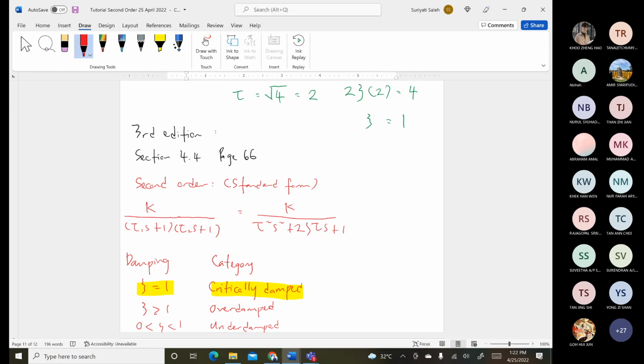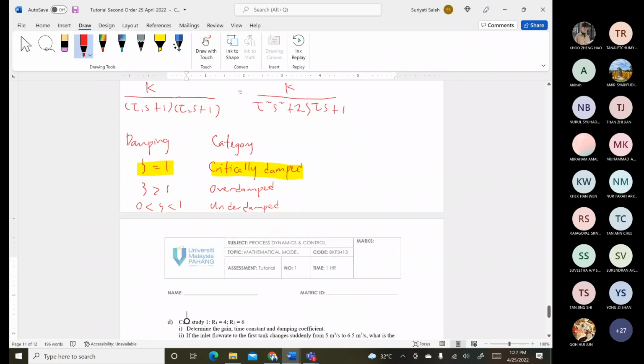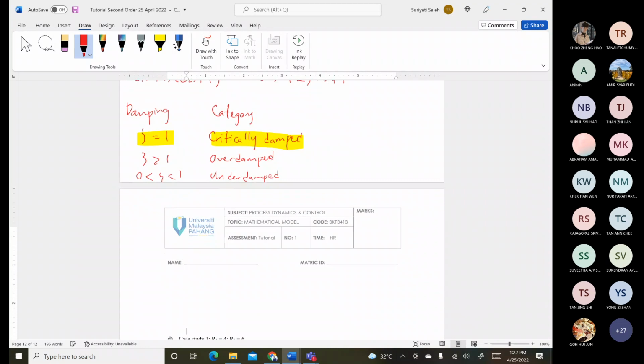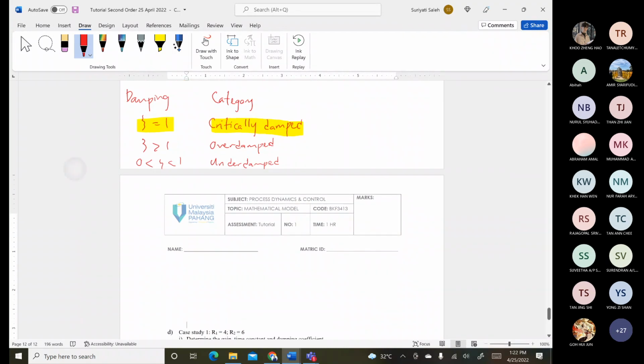So when we know that our category is critically damped, then we can select the equation for inverse Laplace. Inverse Laplace for critically damped, page 67, equation 450.